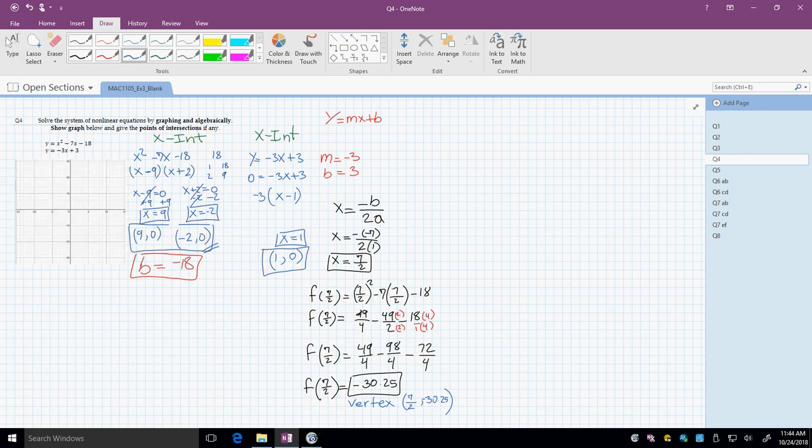Then we find our x-intercepts: 9 and 0 around here, the negative 2, 0 around here, and the vertex. The equal sign's already there.